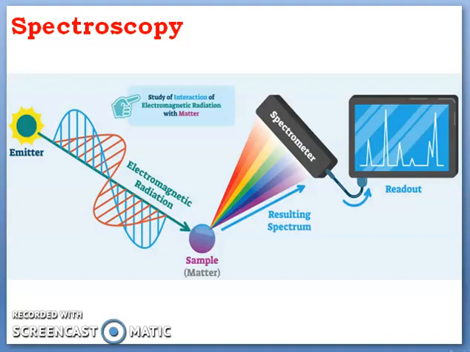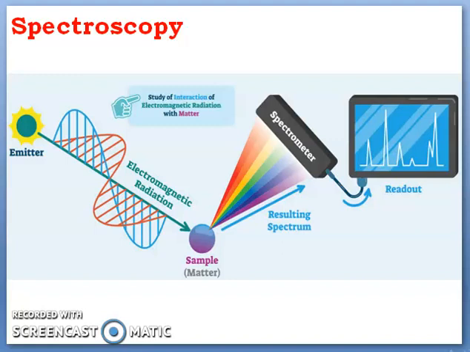This matter interacts with the electromagnetic radiation. Some amount of radiation might be absorbed by the matter, so the radiation coming out from the matter decreases in intensity. Based on that, you get a spectrum readout on the computer.